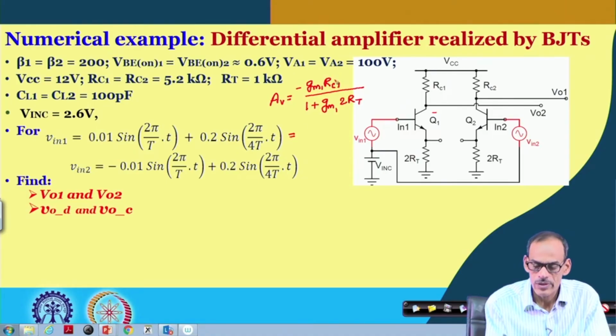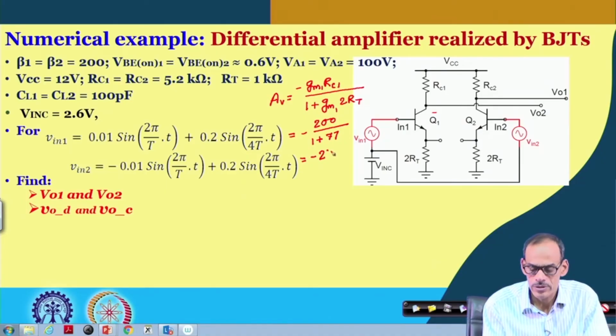So, what is the value? Here we have calculated, this is equal to 200 and this is 1 plus close to 77, and this is equal to minus 2.56, or I should say approximately equal to minus 2.6.